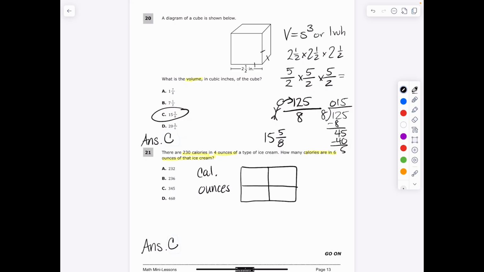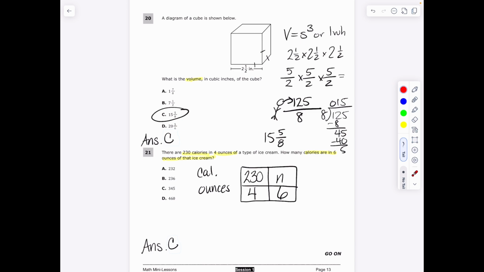And we have 3 different ways of solving this, so let's think about which one makes the most sense. 230 in 4, and I want to know how many are in 6 ounces. Okay. So some people really like that last one when you looked at a multiplicative relationship. The problem here is, can you think of a number to multiply by 4 to get 6? No. So we can't really use this one so much.